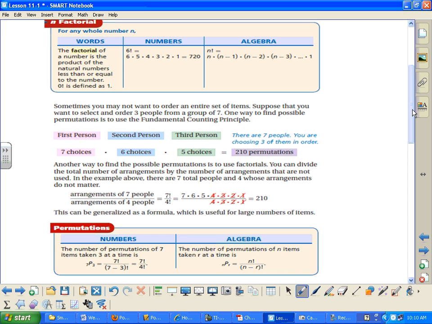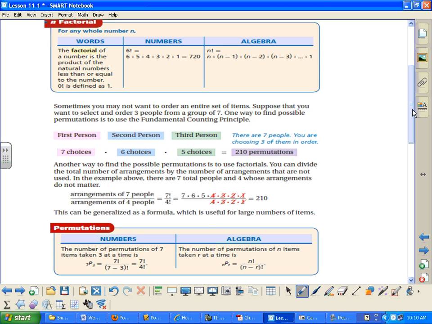So suppose that you want to select and order 3 people from a group of 7. One way to find the possible permutations is to use the fundamental counting principle. So the first person, we would have 7 choices for that person, and then 6 choices for the next person, and then 5 for the next person. And then we can just multiply those together.